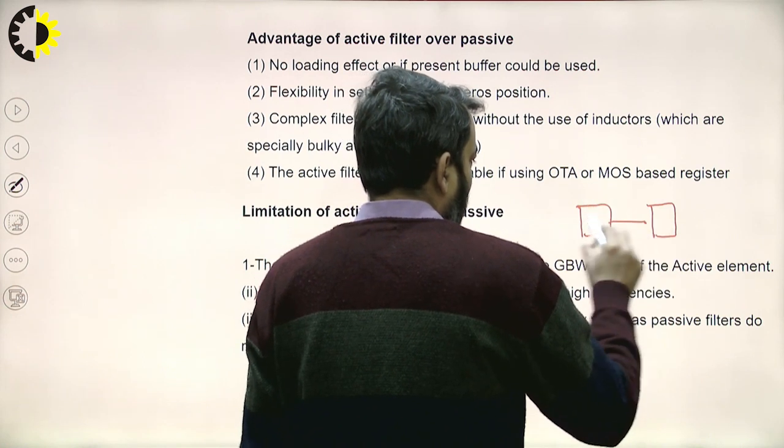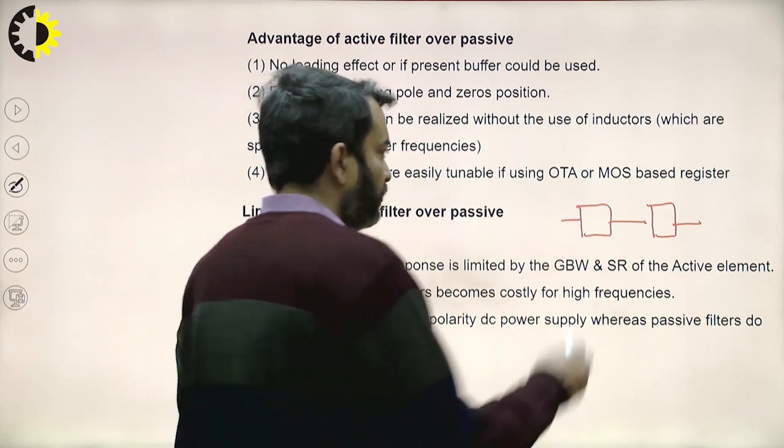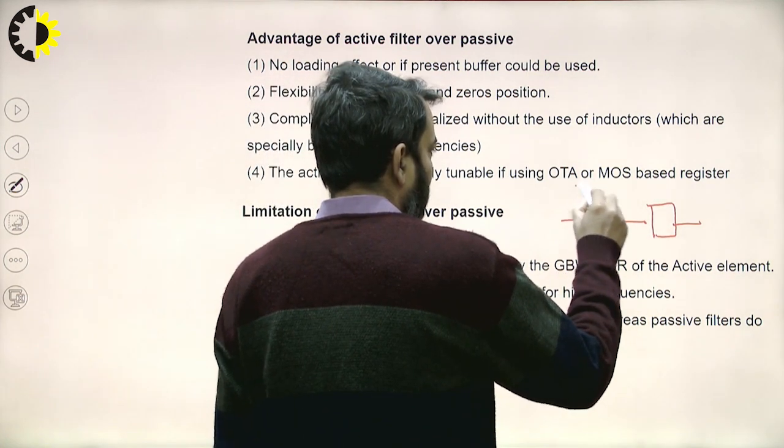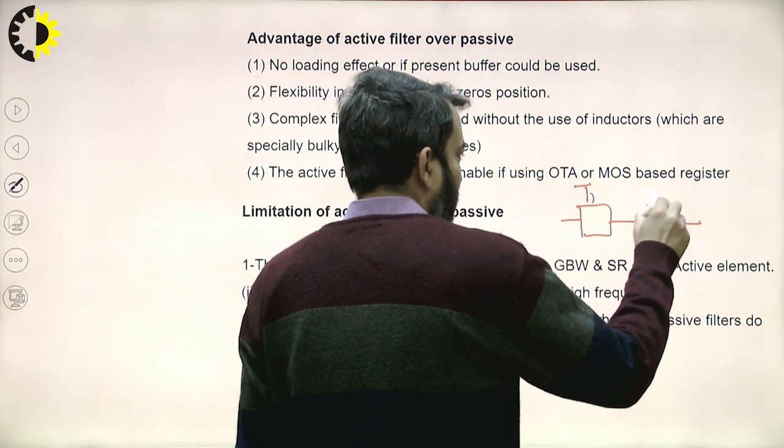And if we directly cascade these two passive filters, and assume the transfer function of this filter is T1 and this filter is T2.